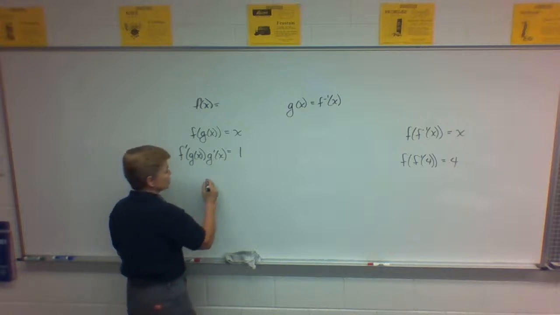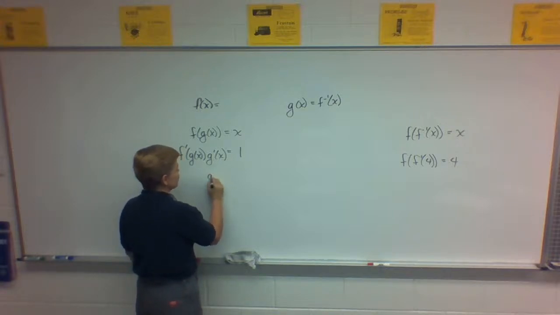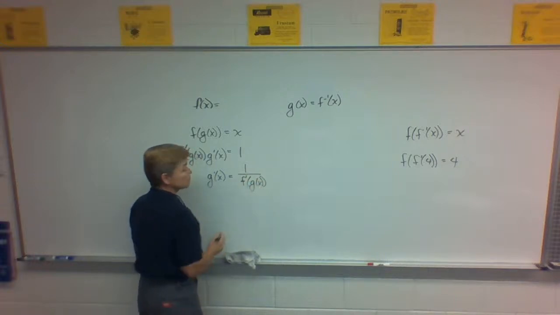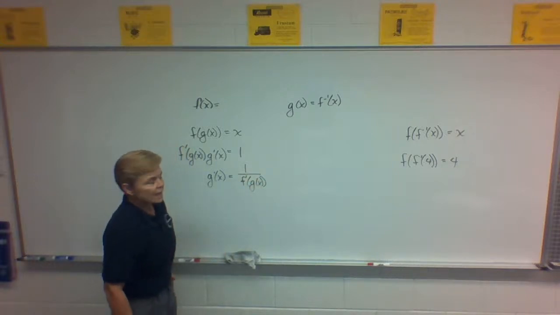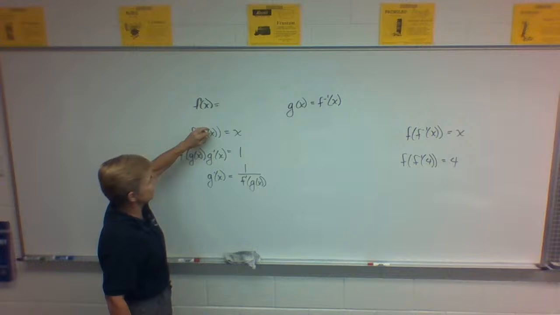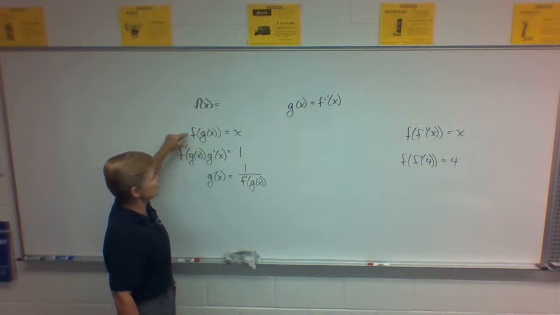Which means that, algebraically speaking, g prime of x is equal to 1 over f prime of g of x. In other words, g of x is an x value. f of that value is a point on f, and its slope is this.